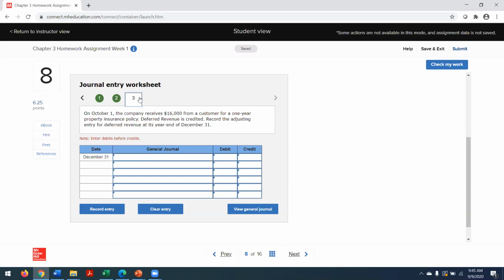Then, as you see here, this is dealing with a deferred revenue account. And at the end, in October, we received money for insurance. We're an insurance company here. We need to adjust for 3 months of insurance revenue.